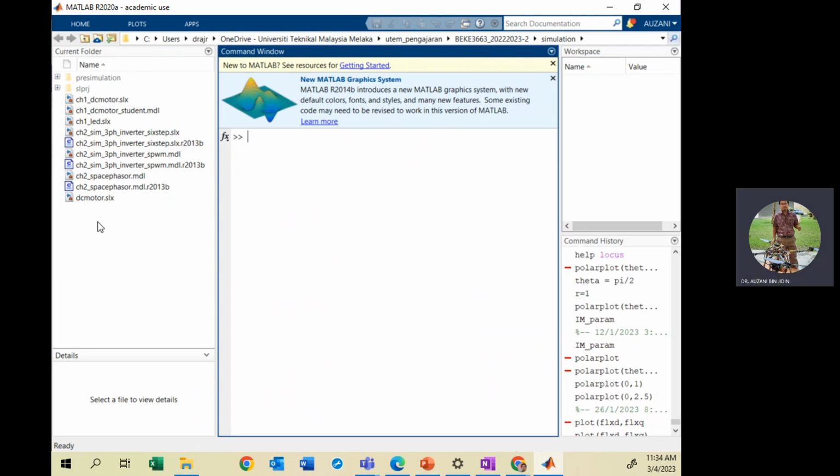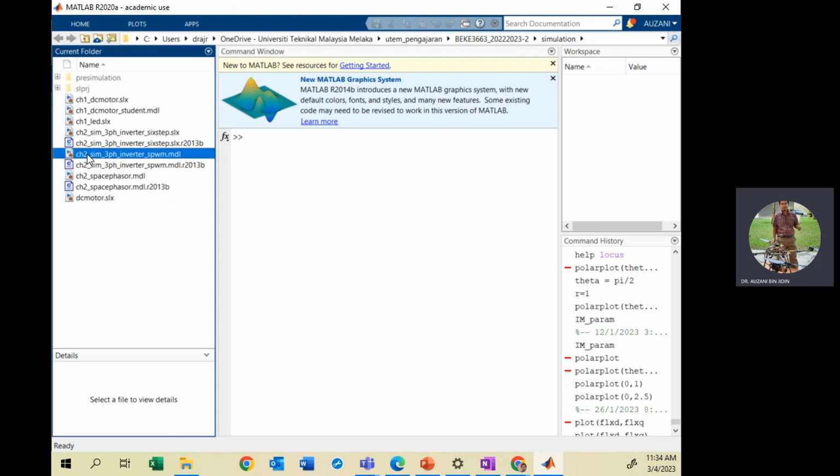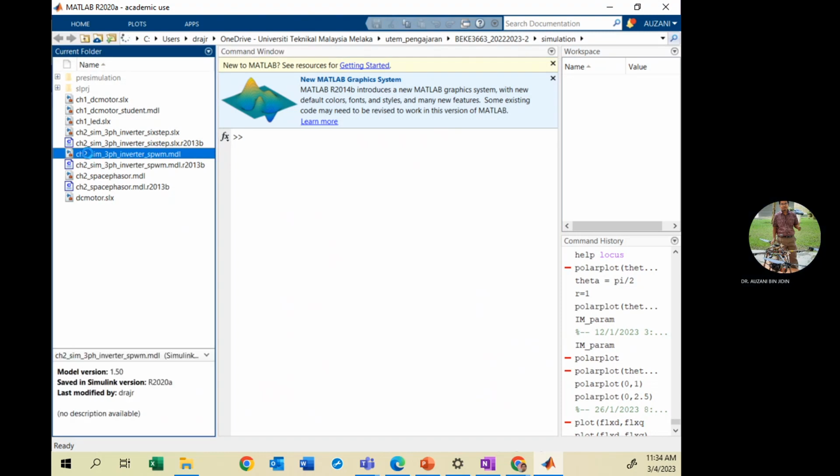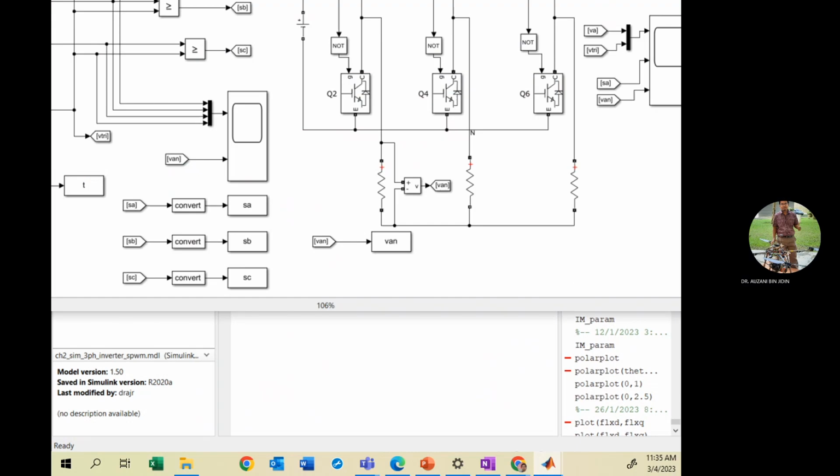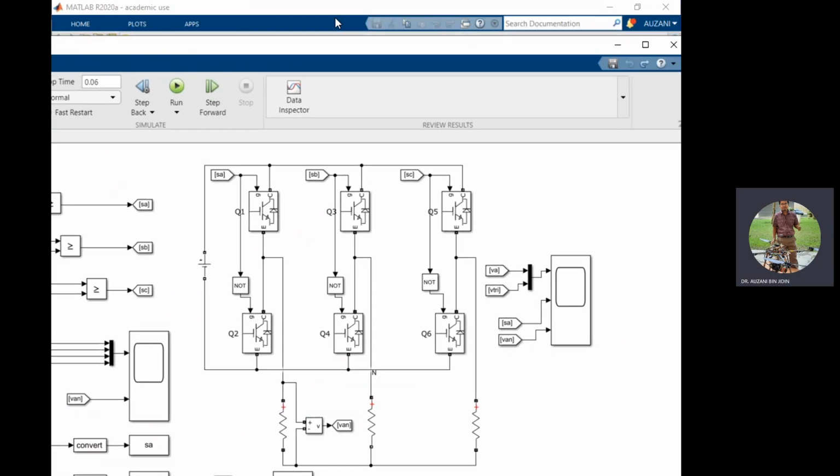Where's the file? SPWM. Okay, let me demonstrate what the effect is if we change the value of the two control parameters, MI, modulation index, and MR, modulation ratio. Okay, open. So this is the simulation model.